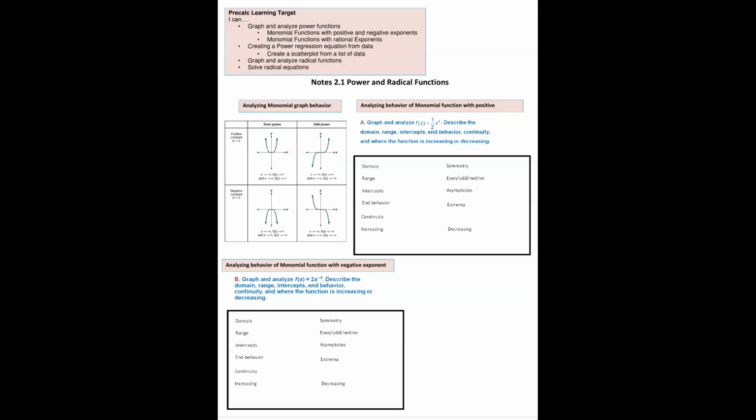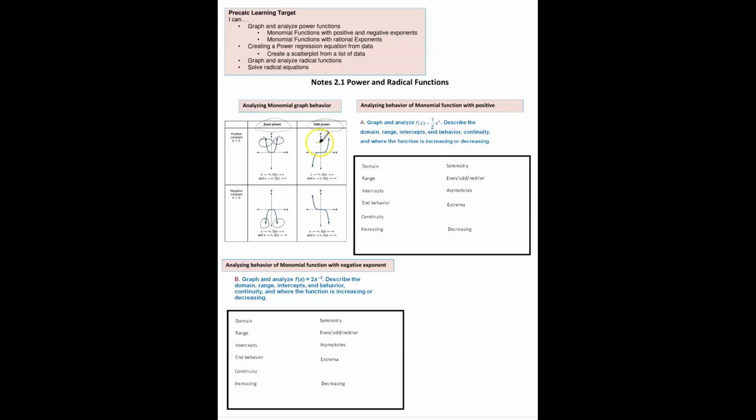So when we are doing your graphing and analyzing of the graphs, remember the even odd power. Even is if your exponent is an even number, and if your exponent is an odd number, it's an odd power graph. If the number in front of your x is positive, both arms are going to go in the same direction. If it's negative and it's an even function, they'll both go down. Hopefully you guys are remembering this.